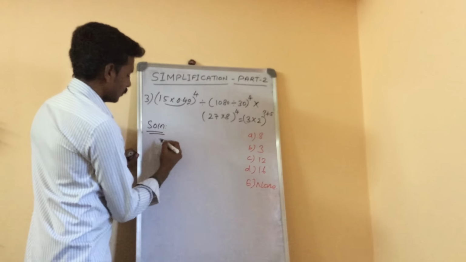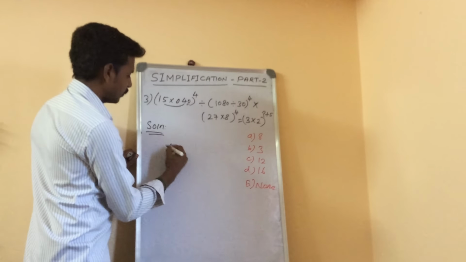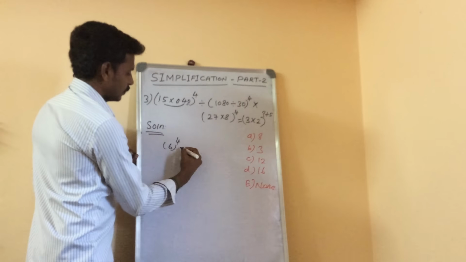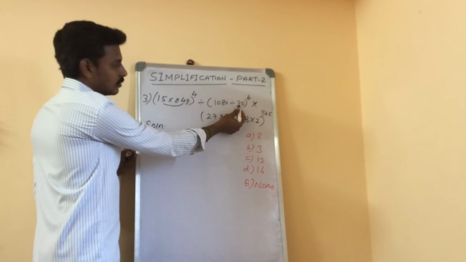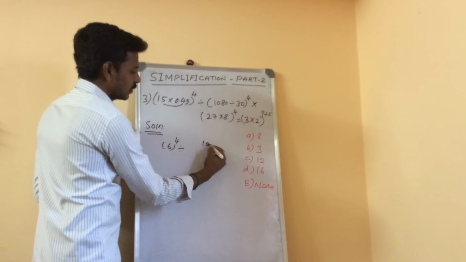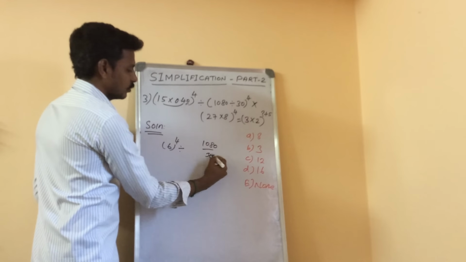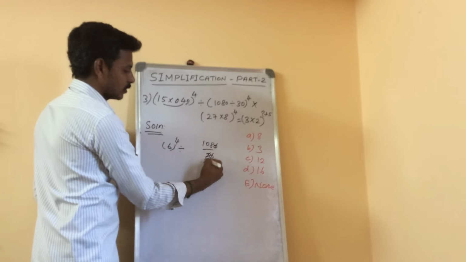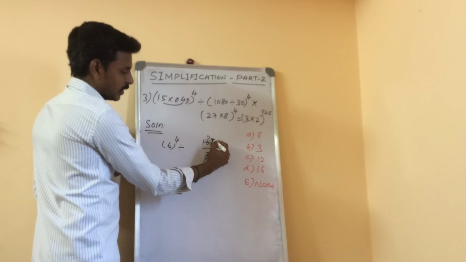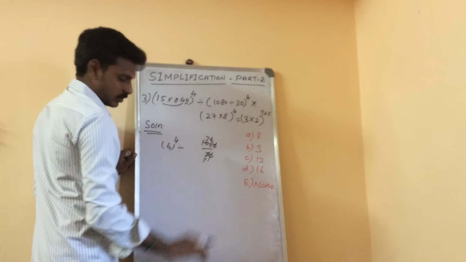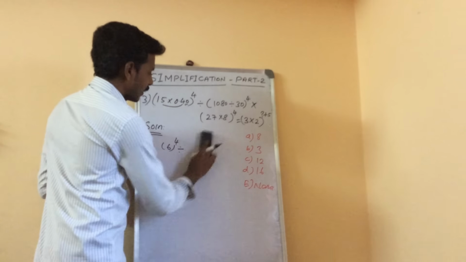So our conclusion is 6 power 4, divided by 1080 by 30. 0 cancels. 3 1s are 3, 3 3s are 9, carry 1, so 18 means 6 3s are 18. So 36 will be the answer.